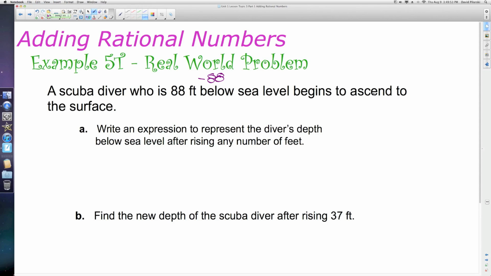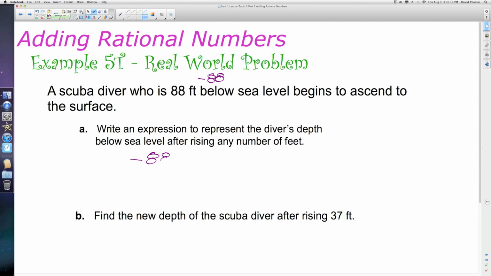Now ascending means that that person is coming up towards the sea level. What we need to do in part A is write an expression to represent the diver's depth below sea level after rising any number of feet. Well, to do that, we're going to start off with negative 88, meaning 88 feet below sea level.